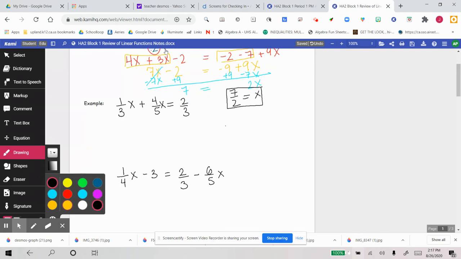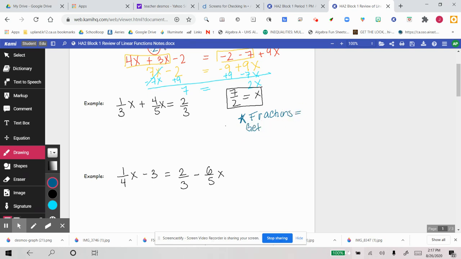So if you take a look at the next two examples, there is no parentheses. There is no exponents. So you might go, what in the world do I do? Because I have fractions. So anytime you have fractions, you want to get rid of the fraction by multiplying by the least common denominator.